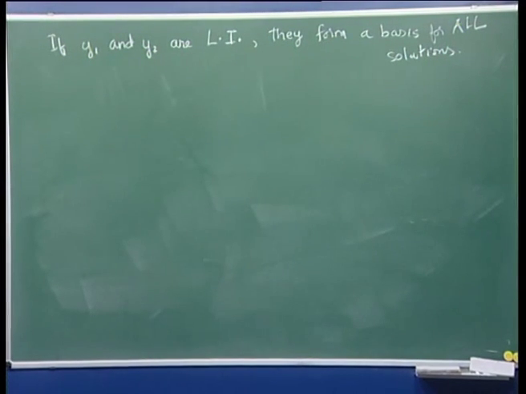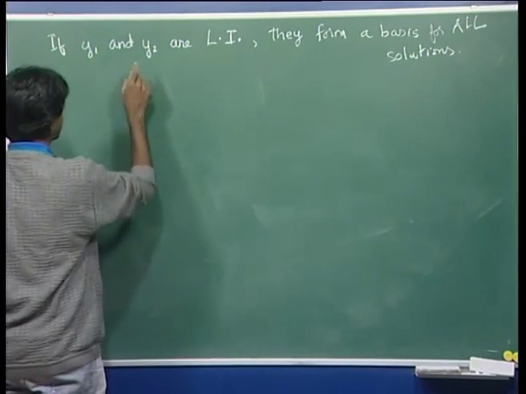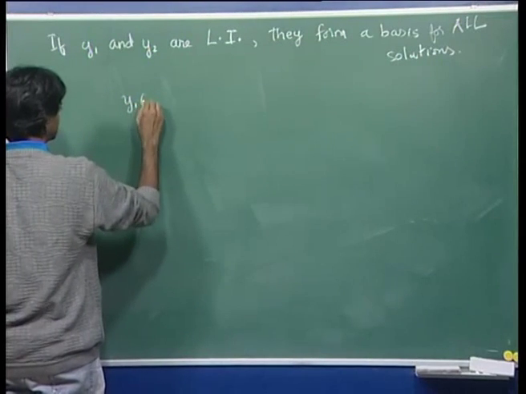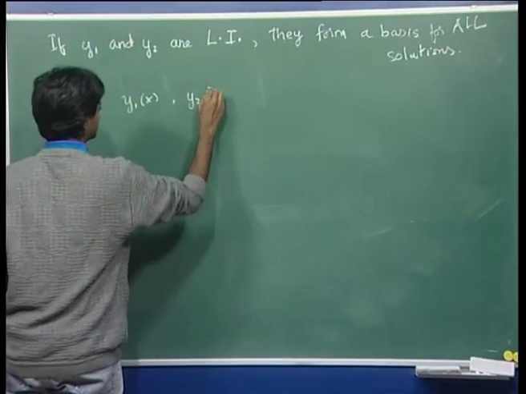Okay, so the statement is that if y1 and y2 are linearly independent, so y1 is a function of x, y2 is a function of x.